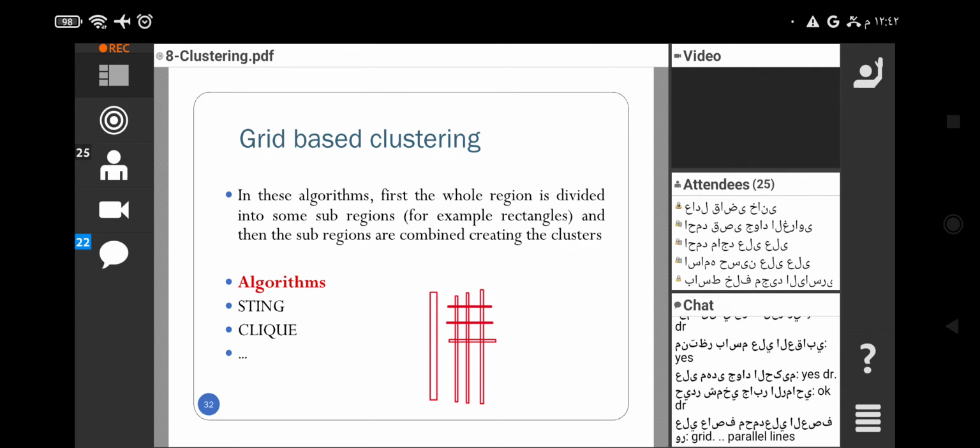So in grid-based clustering, we have a grid on the data, and we cluster by combining the sections of the grid.